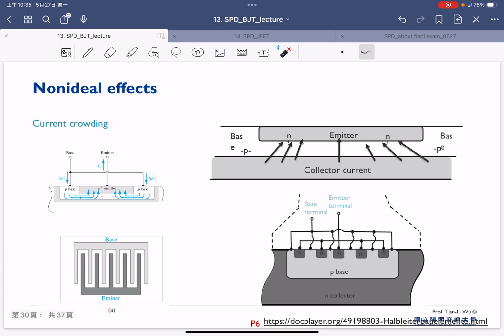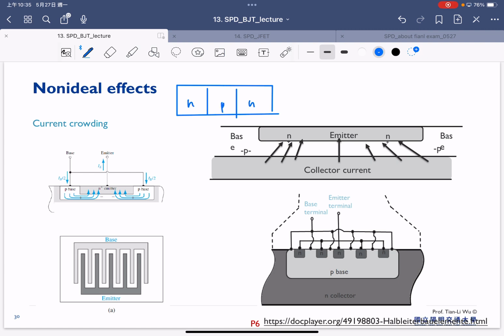And the next one we also have to consider is the current crowding effect here. Although we plot the BJT in this way, where we have the NPN, with emitter, base and collector, in reality the device is fabricated in this way: we have a collector, we have a base, we have the emitter.